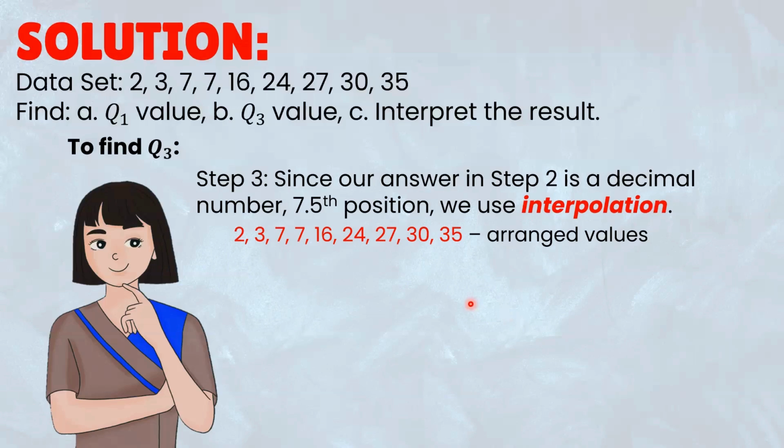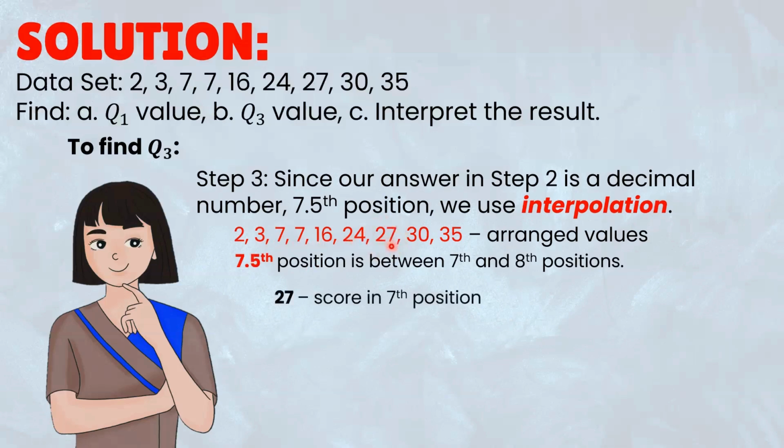And we know that it is between the 7th and the 8th position. 1, 2, 3, 4, 5, 6, 7. This is the score that corresponds to the 7th position, 27. And this is the score that corresponds to the 8th position, 30.